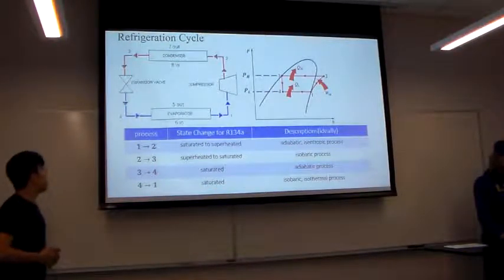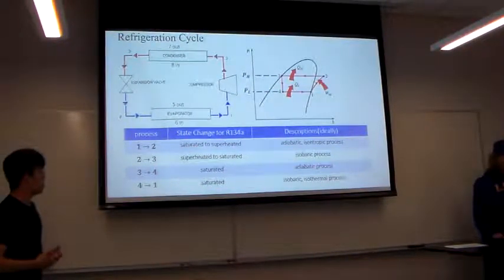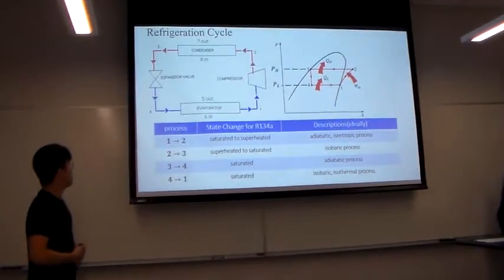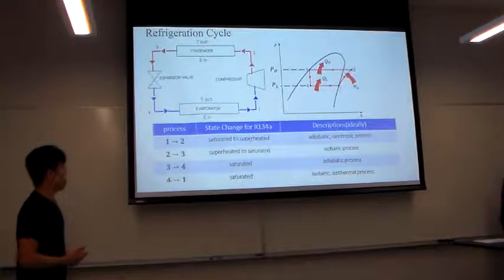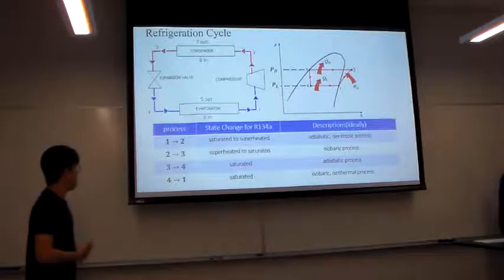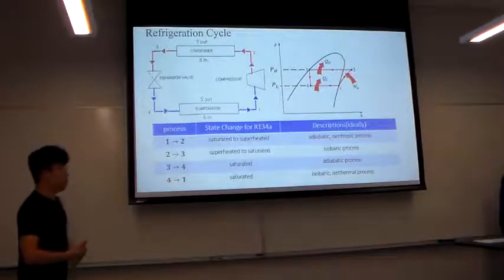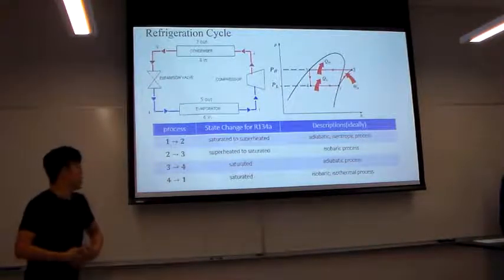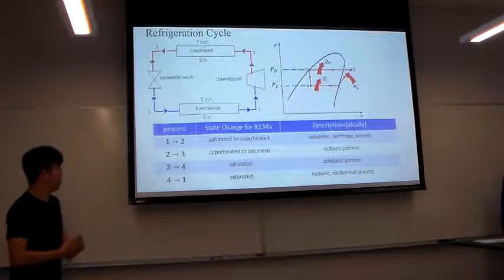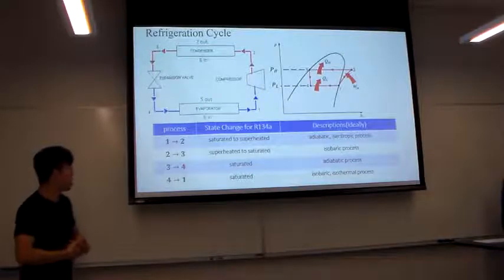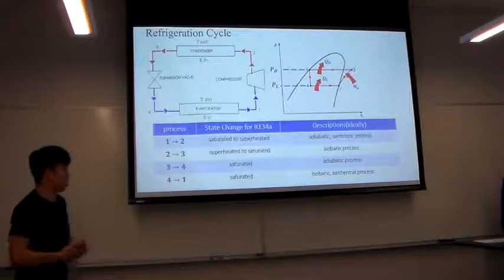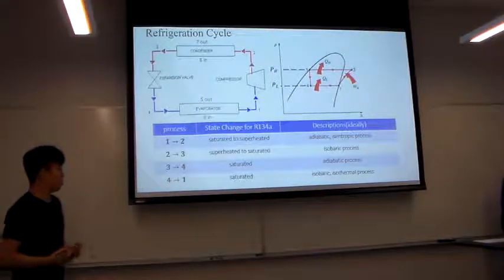So this is a P-h diagram for the refrigeration cycle, and I will go through that step by step. From process 1 to 2, the compressor compresses the fluid from the saturated region to superheated vapor, and this process is assumed to be adiabatic and isentropic.